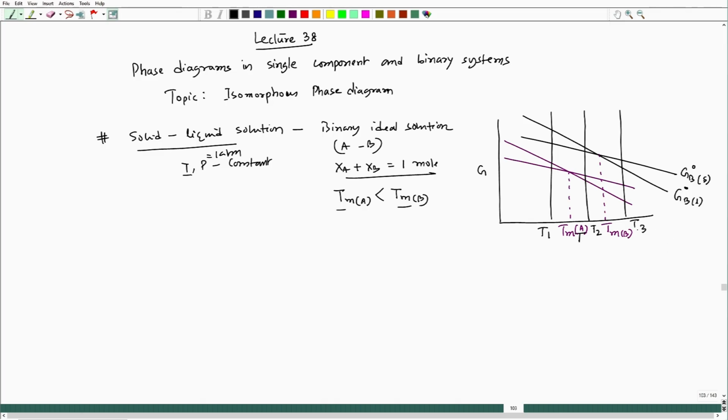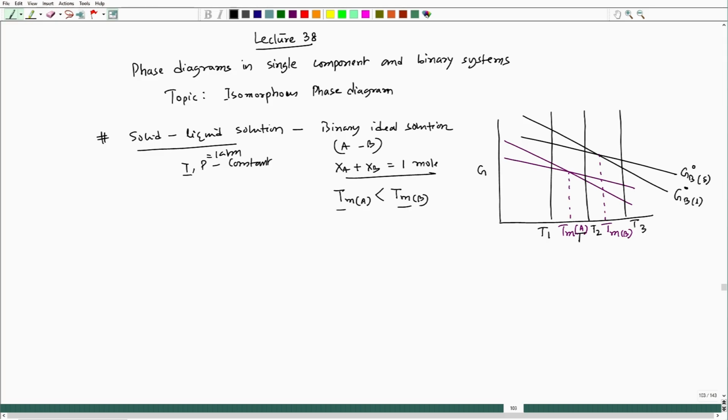For all these 5 temperatures, we would like to see the plot of G versus X for solid solution and liquid solution. And since it is a binary ideal solution, we have to think of a random solution over the entire composition range for the binary system, from X B equal to 0 to X B equal to 1.